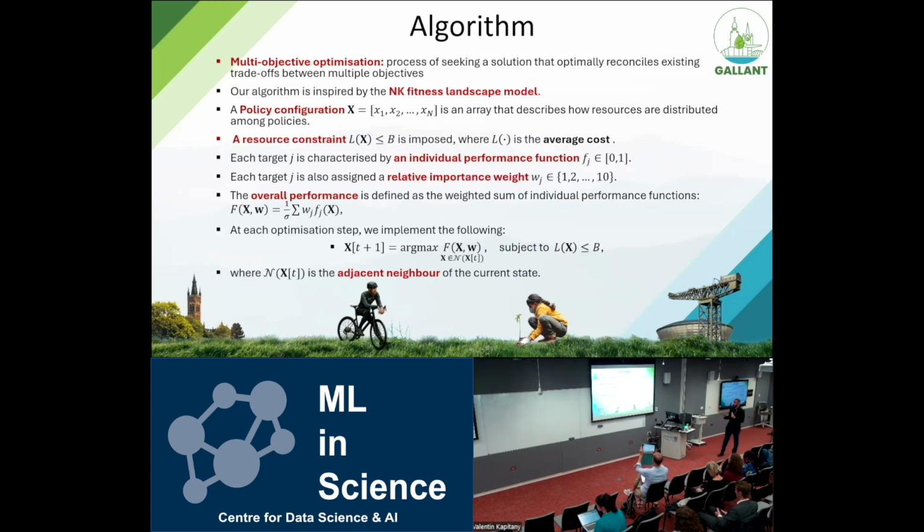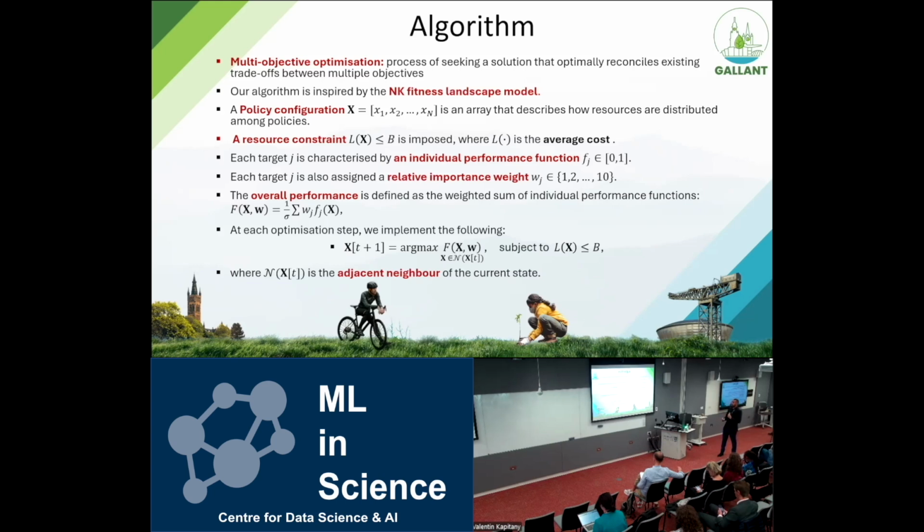In this algorithm, we define a policy configuration X, which is a numerical array representing how resources are distributed among the policies. And then we impose a resource constraint that signifies how policies are limited to the availability of resources.